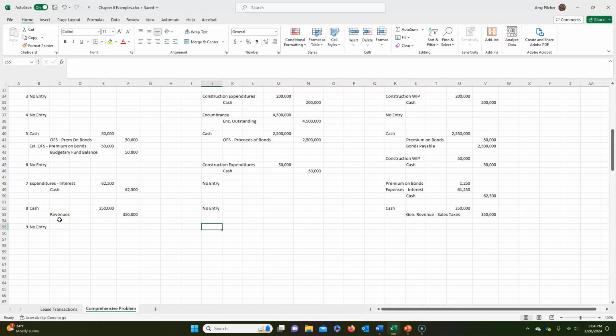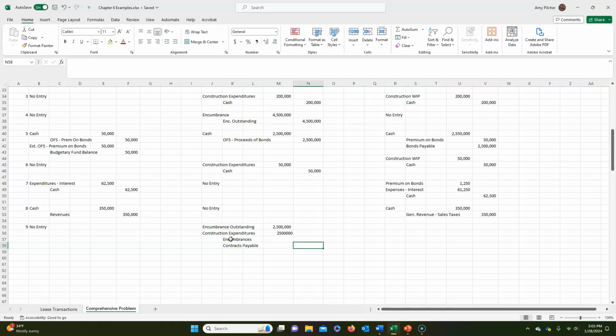In the capital project fund, we had that encumbrance outstanding for $2.5 million. And then now we have construction expenditures. And then we're going to debit our encumbrances. And we have contracts payable.